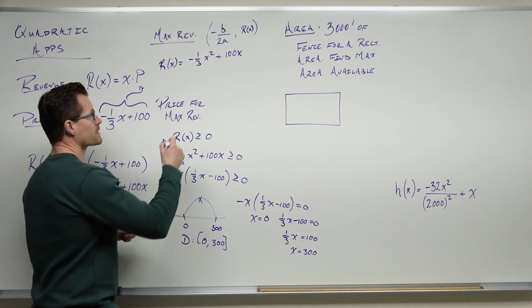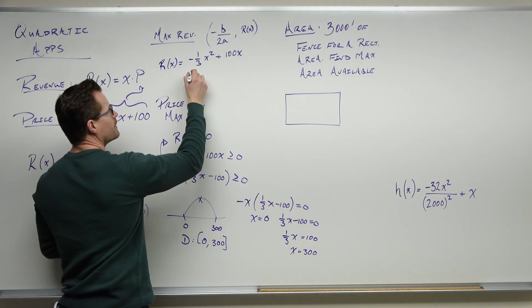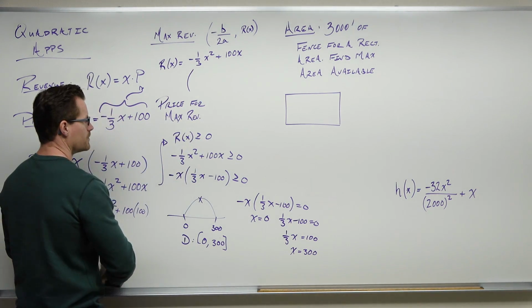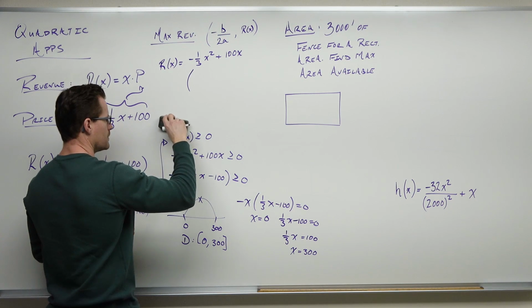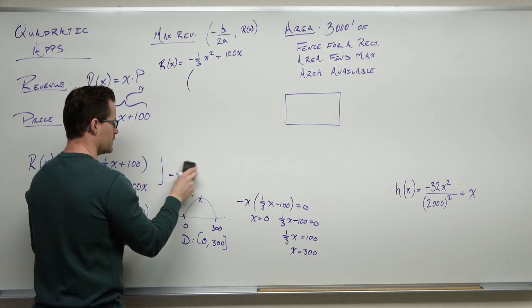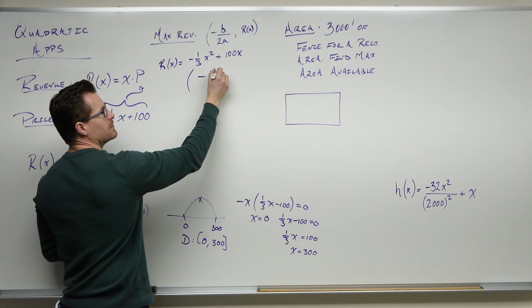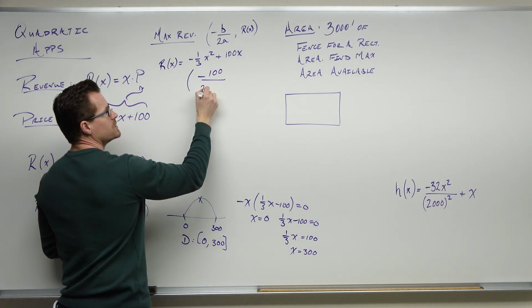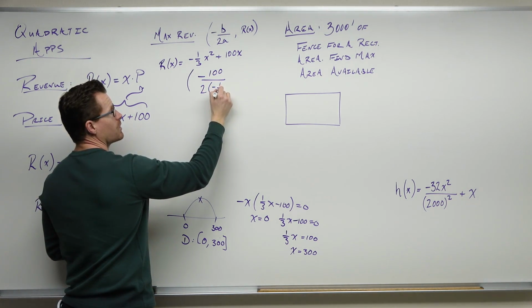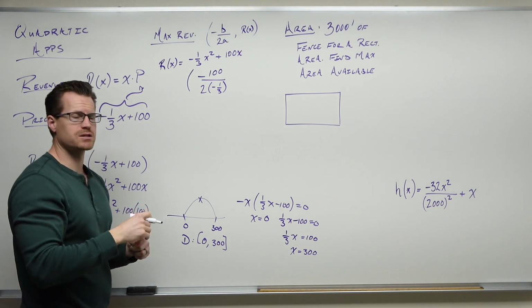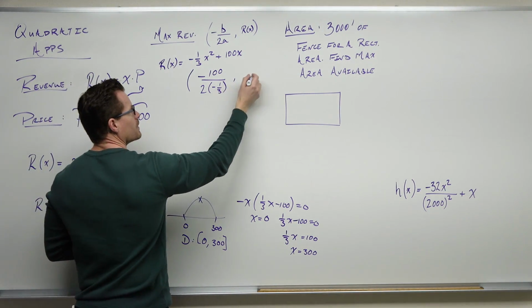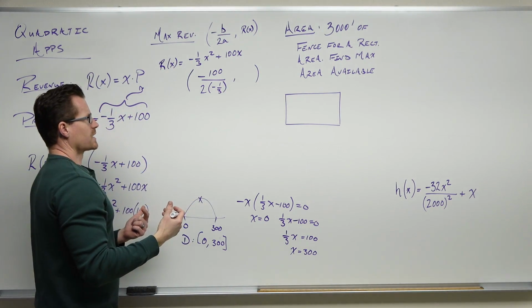So for our vertex, we'd have negative B all over 2 times A. Don't forget that's negative 1/3. You cannot change those signs, not with the vertex formula. So what in the world is that going to be?